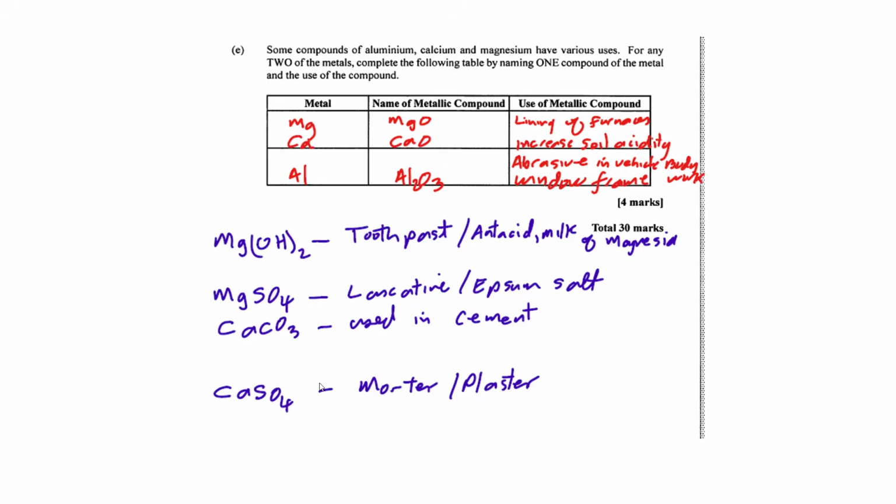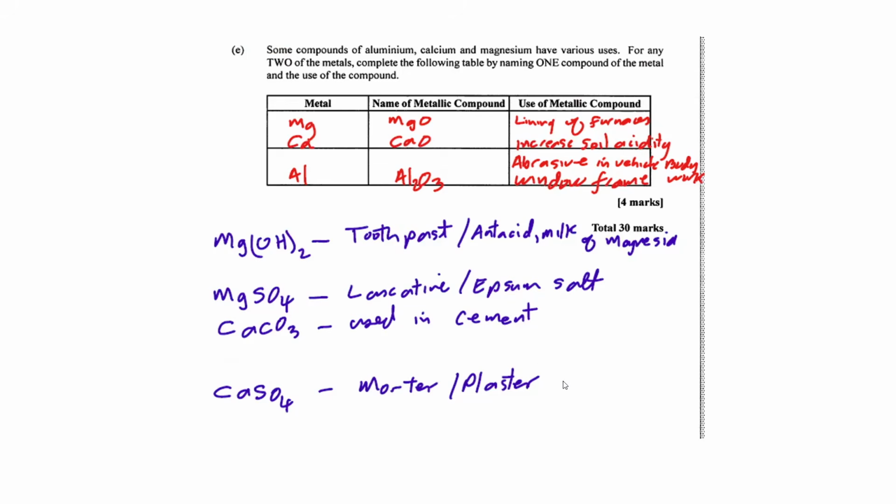We have other examples. Magnesium hydroxide can be used in toothpaste or an antacid, specifically the milk of magnesia. Magnesium sulfate is a laxative and it can be used as Epsom salt. Calcium carbonate can be used in cement, and of course, calcium sulfate can be used in mortar or plaster of Paris.